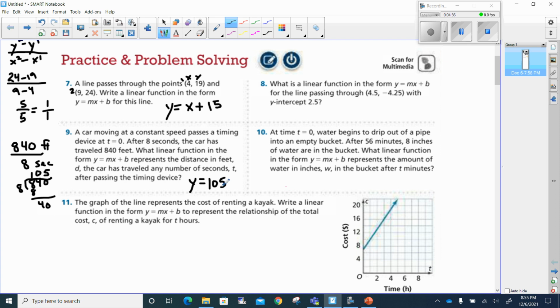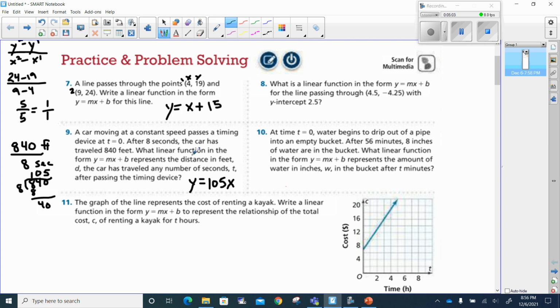And then they're using t, so y equals, it says write a linear function in this form. I put y equals 105x, and t is the passing time of the device. Okay, they're going with D and T here. So we're going to be changing y and x here.